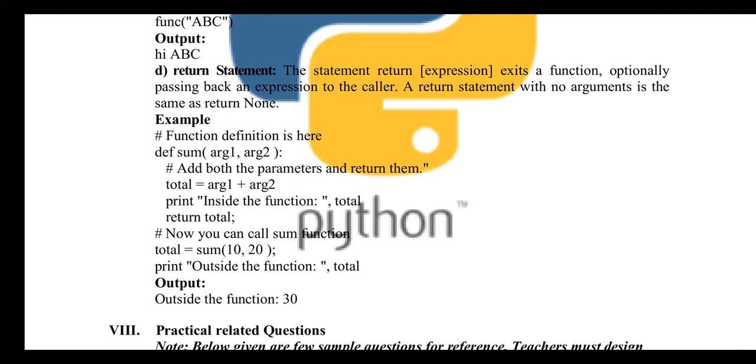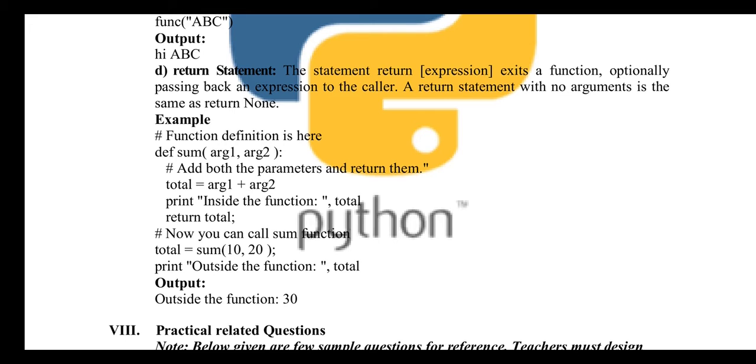Here the sum function is there. We are defining a sum function with two arguments, and we are going to perform the addition of those two arguments, and the result is collected in a total variable.